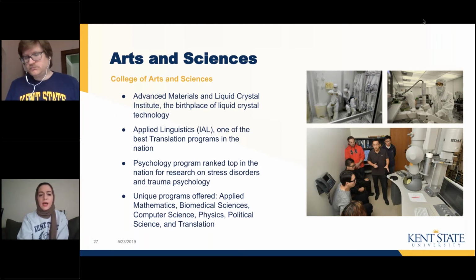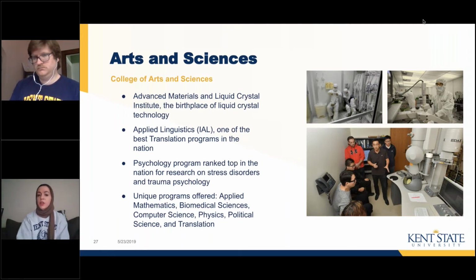And then just some other popular programs that we have, especially with our international students, since we're talking about them: applied mathematics, and biomed is popular with graduate students. We have a great computer science program at all levels. And then we have physics, political science, and again, the translation. Those are programs that are popular not just with undergraduate students, but with our graduate researchers as well.